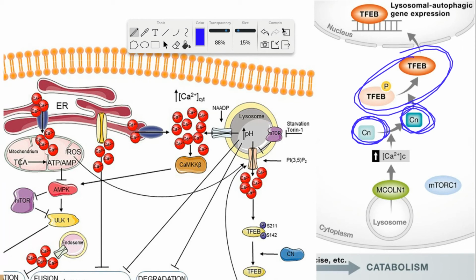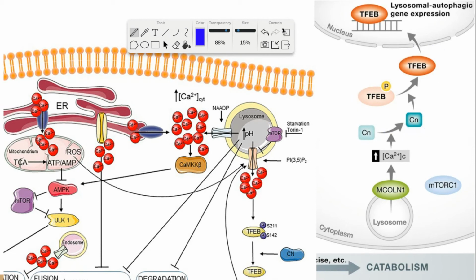The only problem is TFEB is constitutively phosphorylated by mTORC, and this inhibits it because this phosphorylation recruits the serine threonine binding protein 14-3-3. And this inhibitory phosphate can then be removed by calcineurin. And this allows TFEB to enter the nucleus and prime lysosomal and autophagic gene expression.